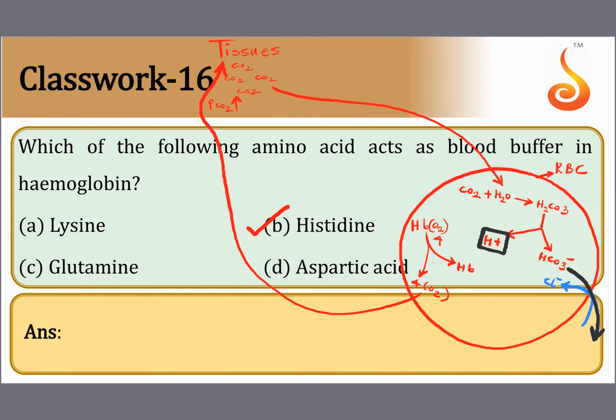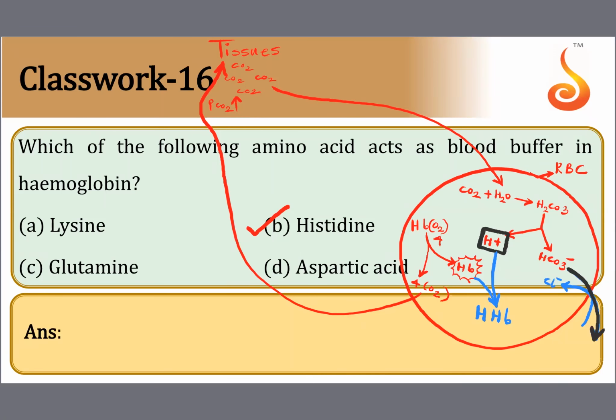Now this hemoglobin will act as a buffer. It knows that this H plus ion is something very dangerous. So this hemoglobin and H plus ion will now combine together to form a molecule called hydroxyhemoglobin, HHb.